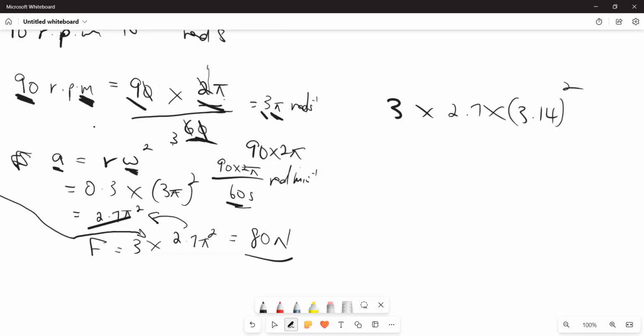Would that give you 80? This is a rough thing, it's not an exact figure. So it's going to be 79.8, so you round it to the top.